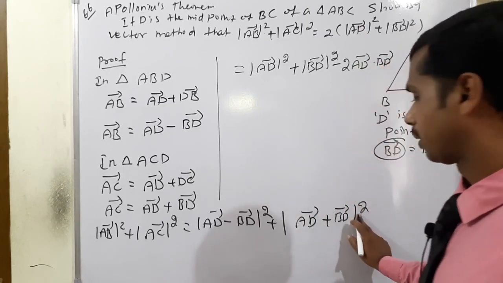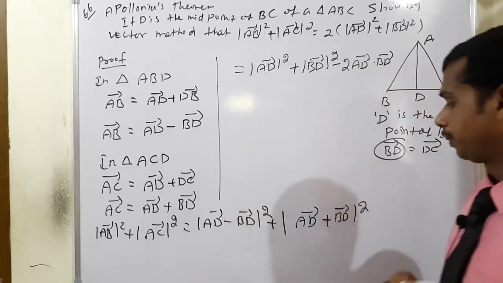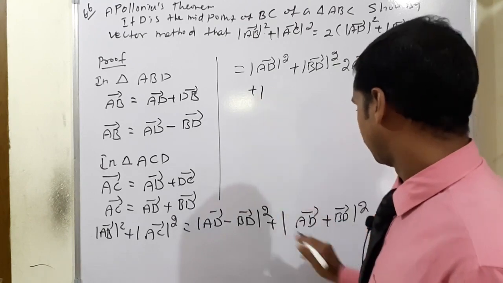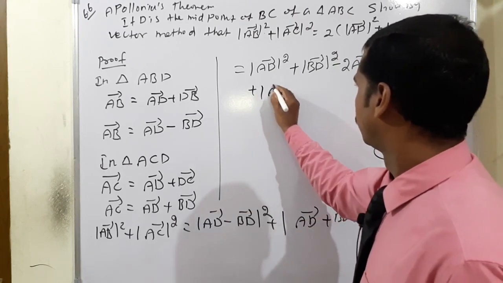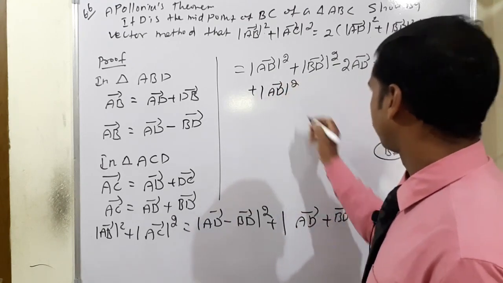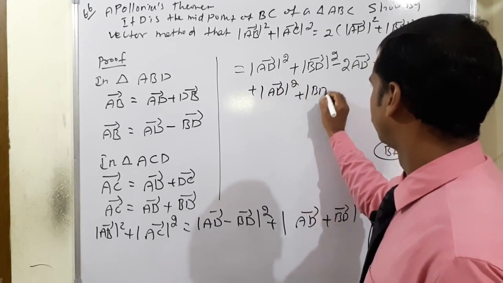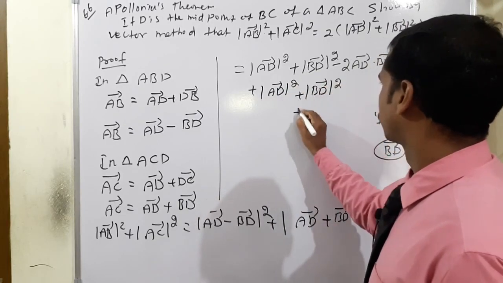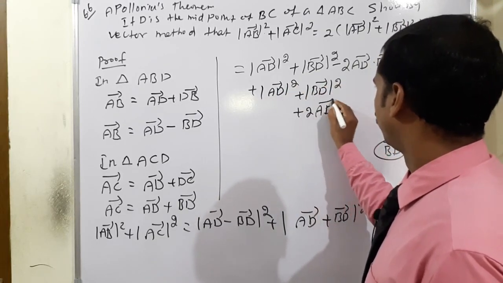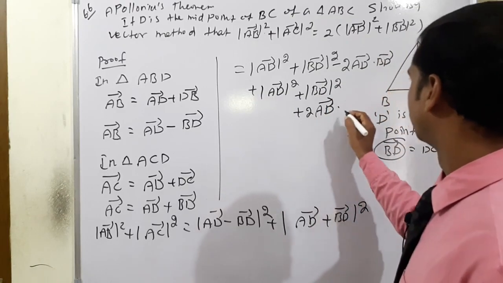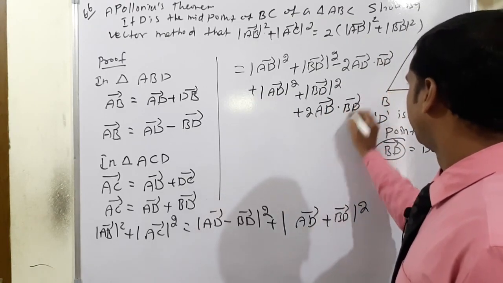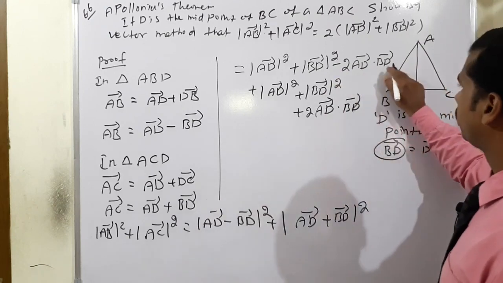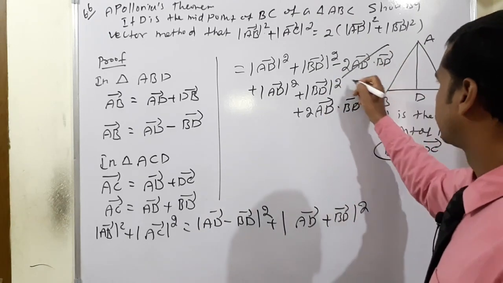Next, A plus B, A square plus 2AB plus B square. So plus modulus of AD vector square plus modulus of BD vector square plus 2 AD vector dot BD vector. Look at this, minus 2AD dot BD plus 2AD dot BD, we can cancel, no?